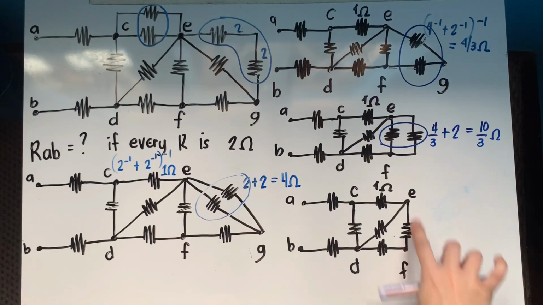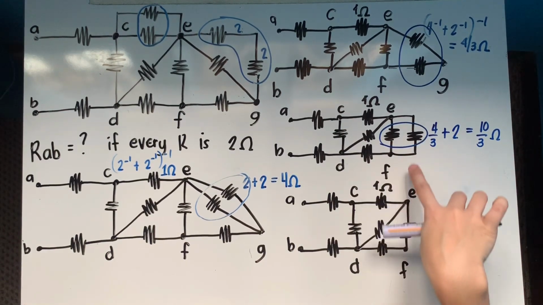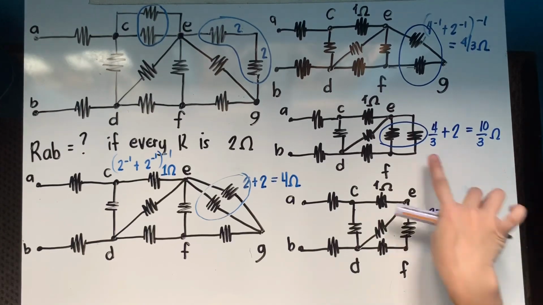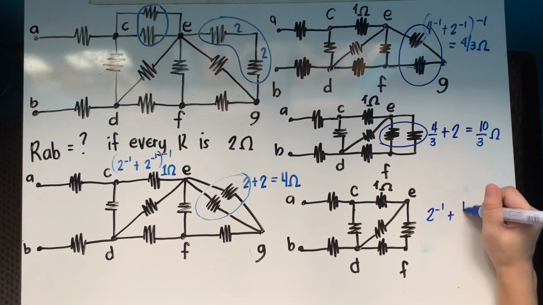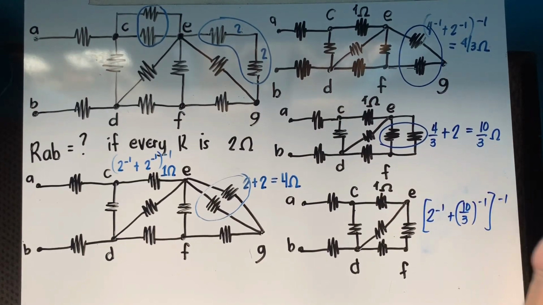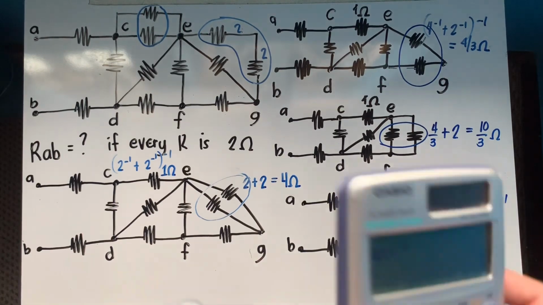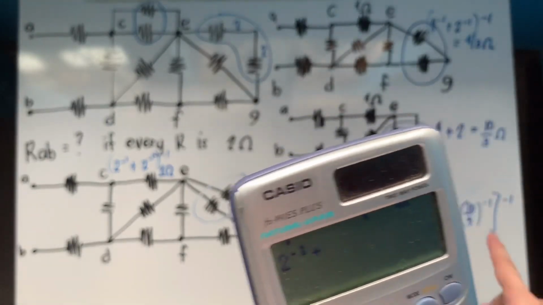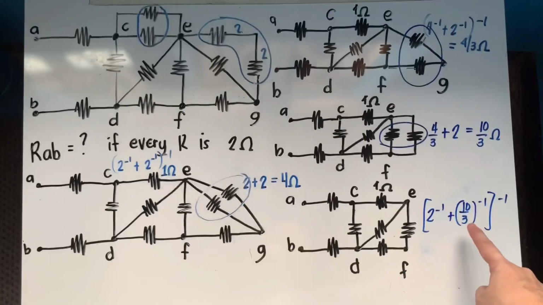So, mag-i-inverse ulit natin to. This one is a 2 ohm resistor. So, you have 2 inverse plus, this one is your 10/3 ohm. So, 10/3 inverse. Yung sagot natin, i-inverse pa natin. Let's get our calculator for that. Ano mangyayari? You have 2 inverse plus 10/3 inverse. I-reciprocal lang naman yan.